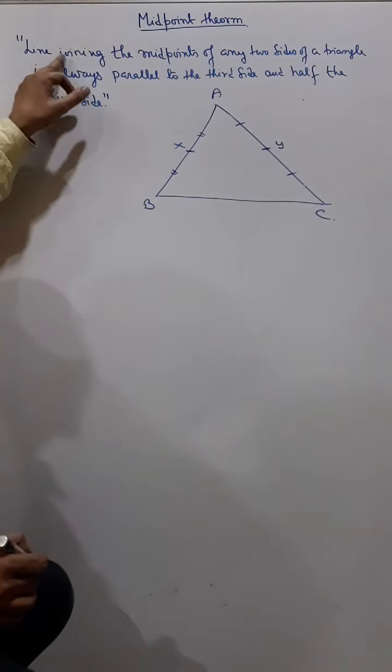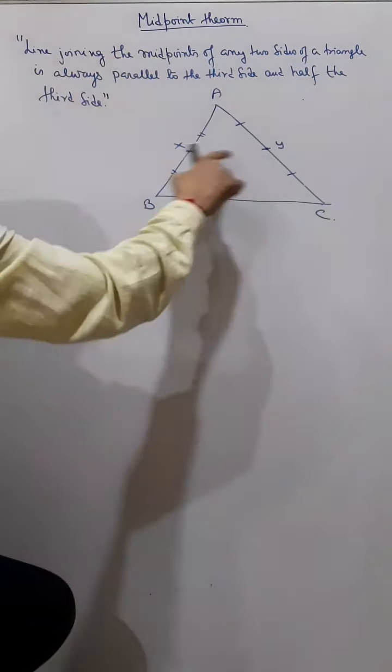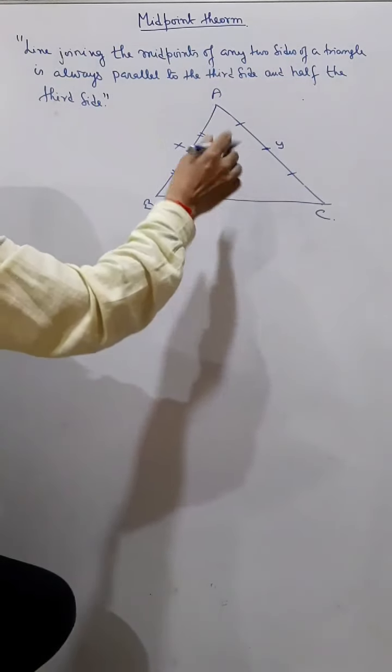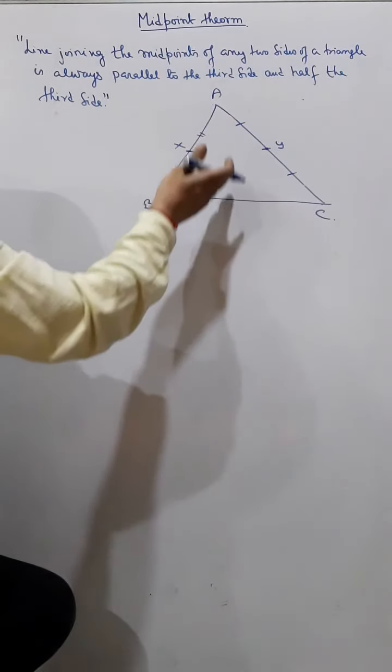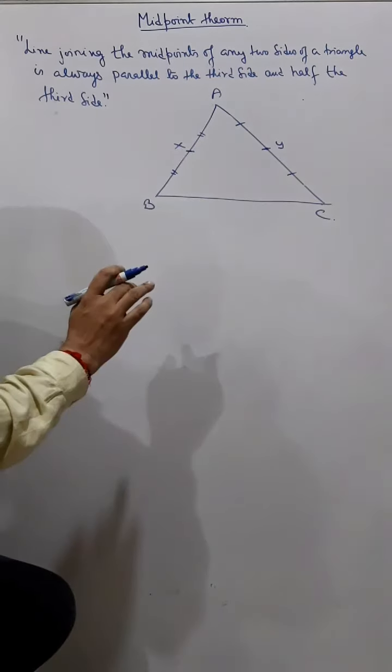And it states that the line joining the midpoints of any two sides of the triangle is always parallel to the third side and half the third side.